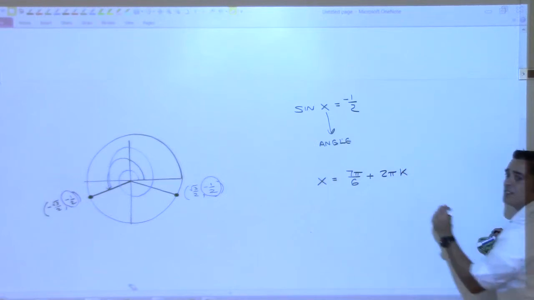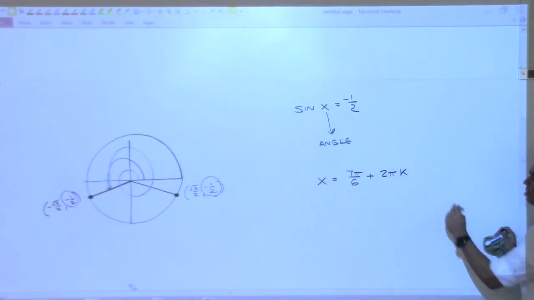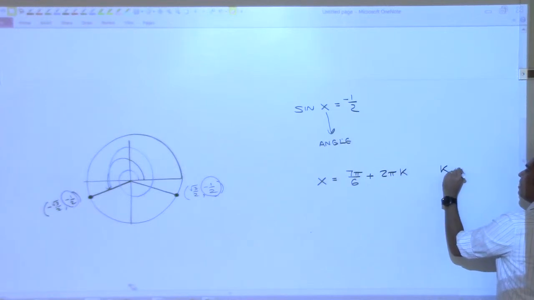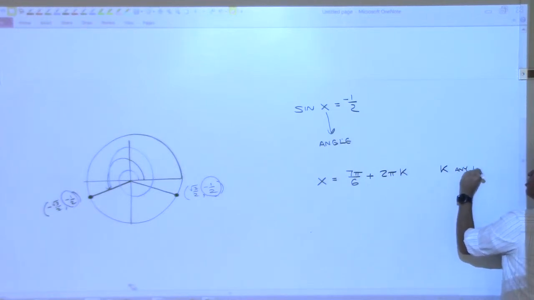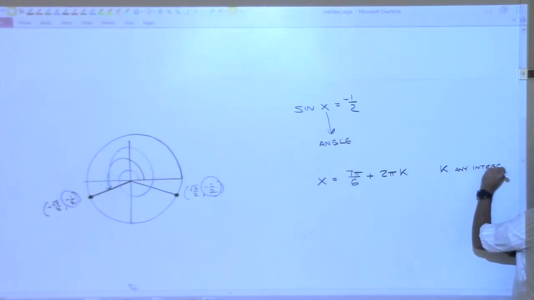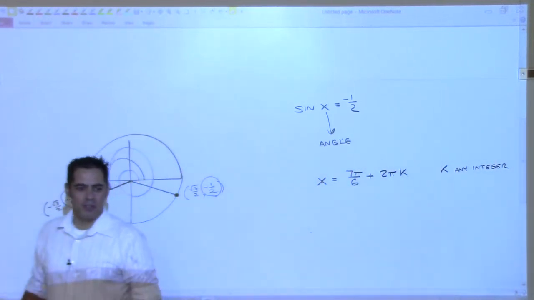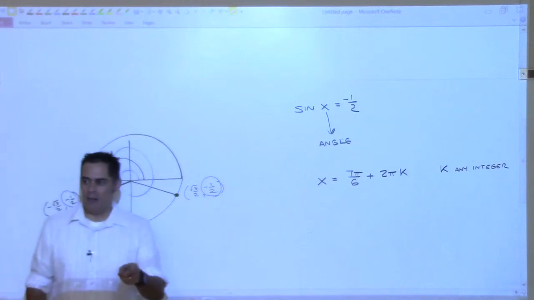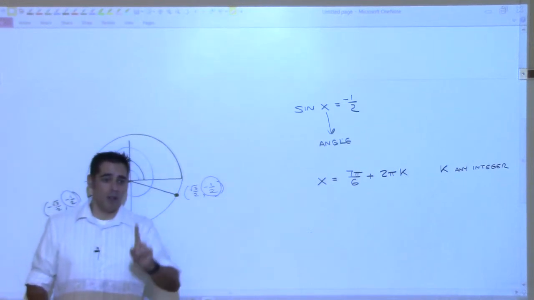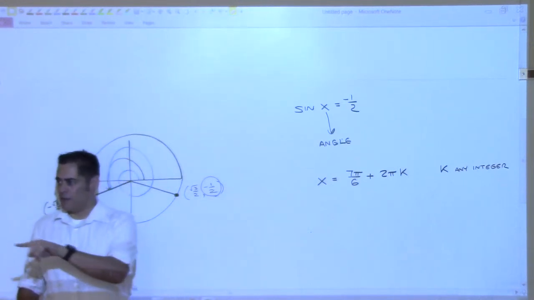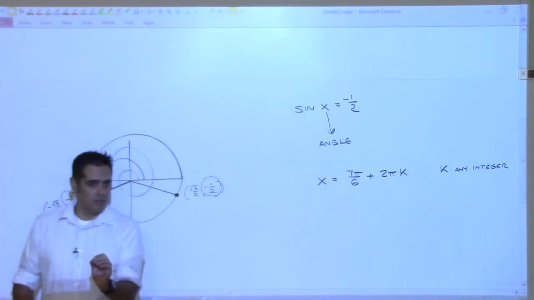But what is K? It's important that we state what K is here. K is any integer. What's an integer? 1, 2, 3, 4, 5, 6, but also -1, -2, and 0.